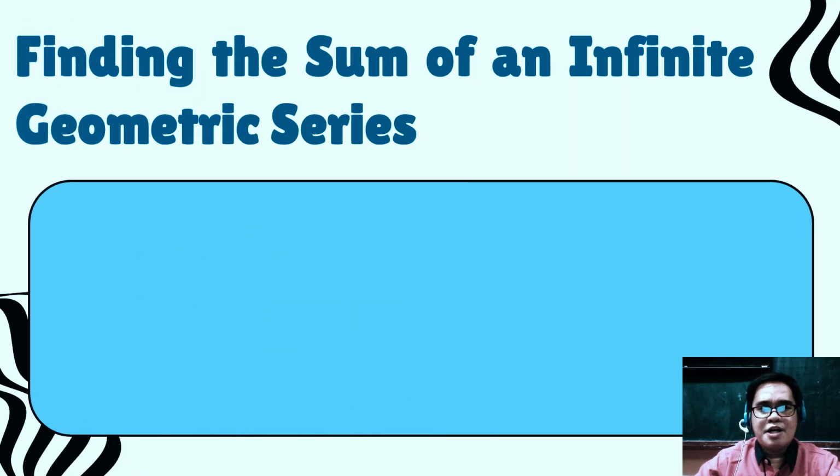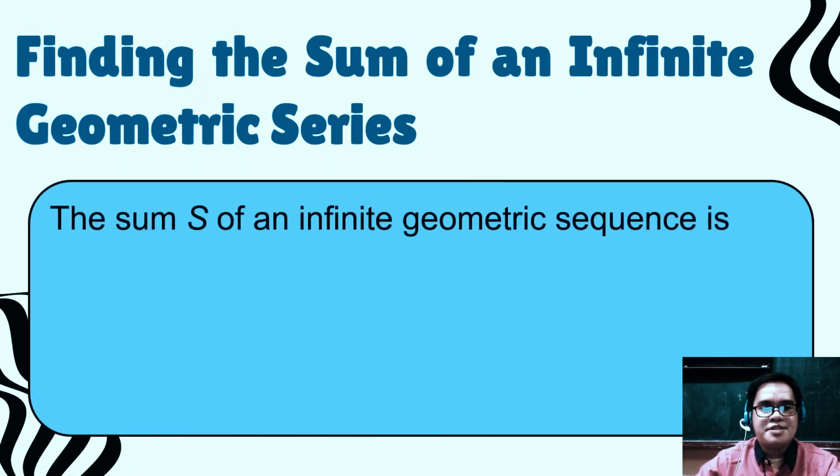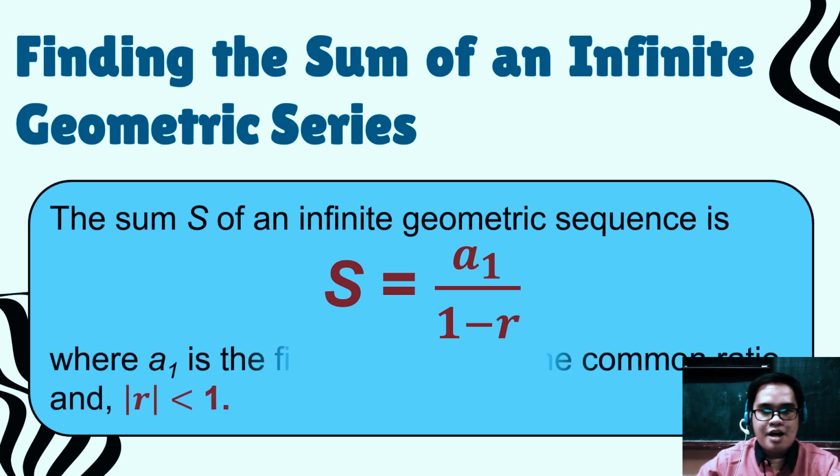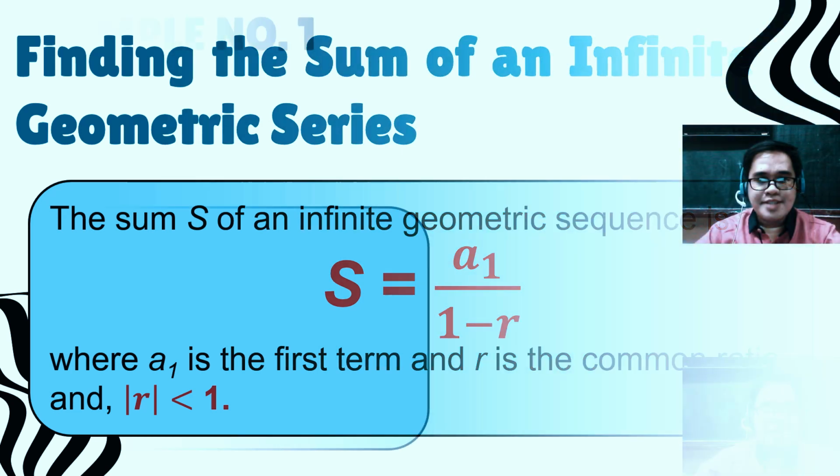In finding the sum of an infinite geometric series, the sum S of an infinite geometric sequence is S equal to a sub 1 over 1 minus r, where a sub 1 is the first term and r is the common ratio, and the absolute value of r is less than 1.